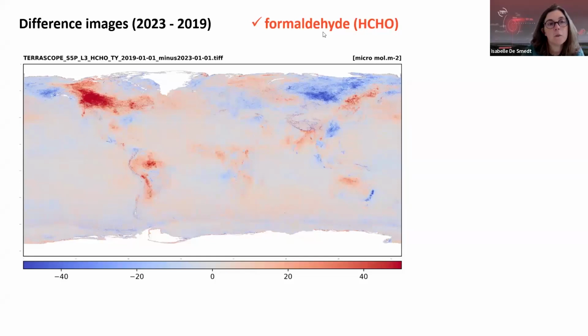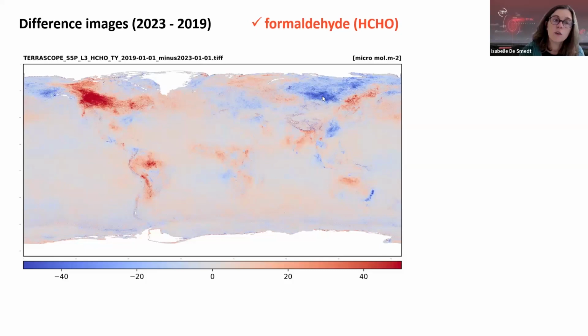So here I made a global map of the difference between the year 2023 and 2019 for formaldehyde. So you can see this large increase in Canada, smaller increase over South America, also a bit of increase in Africa, and then the lower column in the Siberia forests.